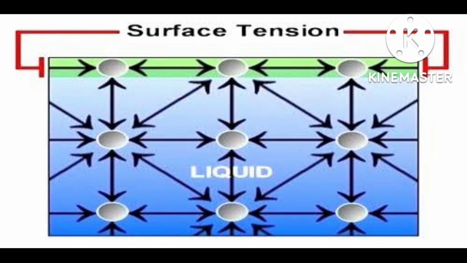The magnitude of surface tension of a liquid depends upon attractive forces between the molecules. Again, important things. This I told you. When the attractive forces are large, the surface tension is large.